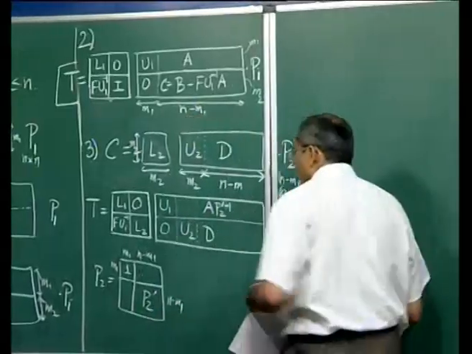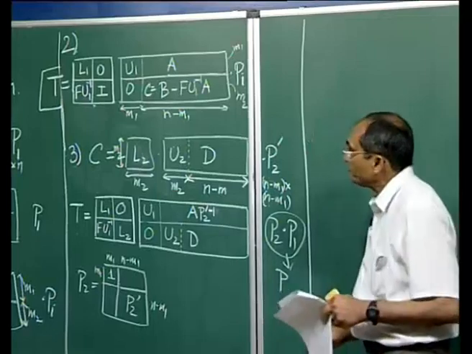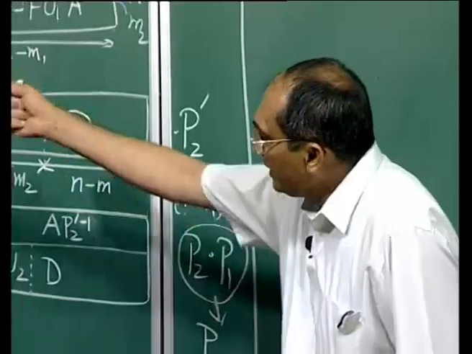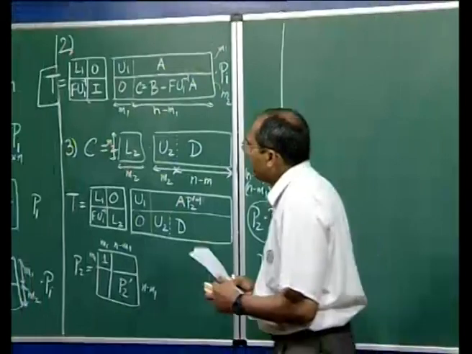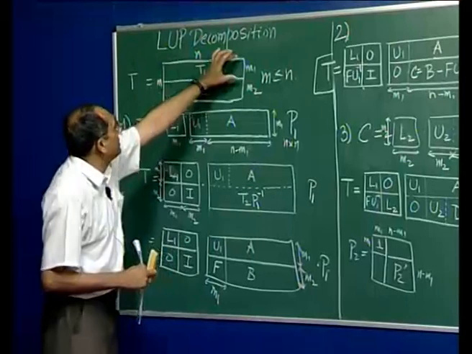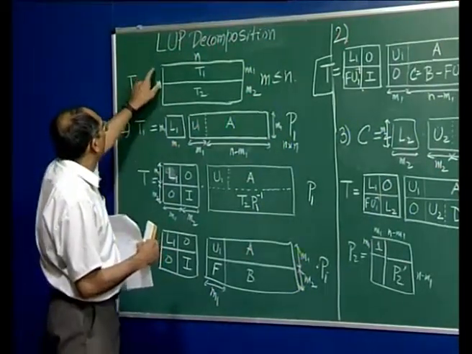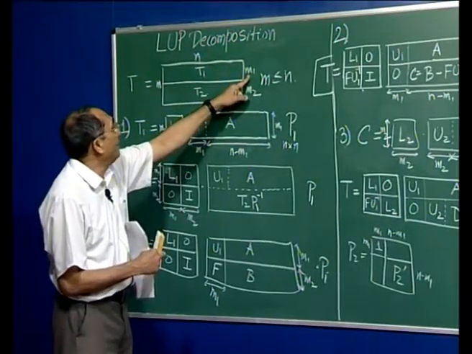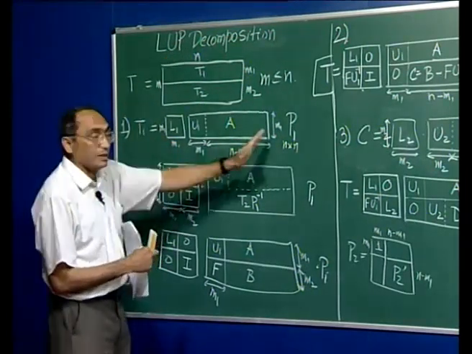Now, at this stage we would like to determine the cost. So, now let us take each step and count the cost of each computation. In the first step, we have taken the upper half matrix. We are going to pay the price of transforming an M1 by N size matrix into this product.